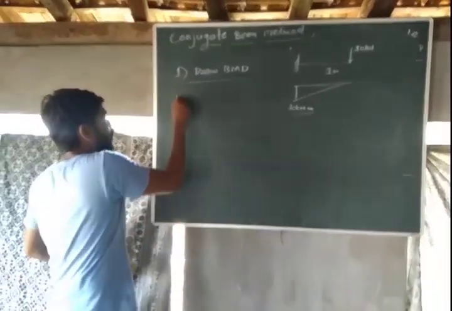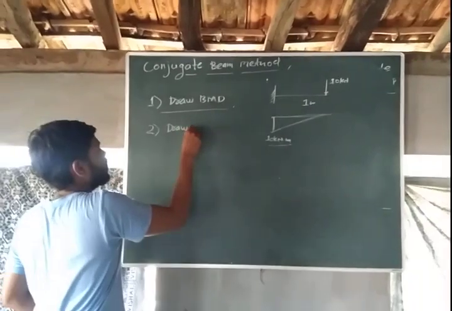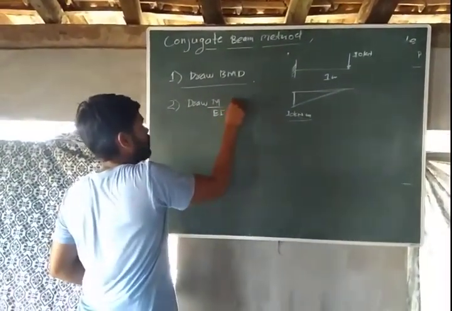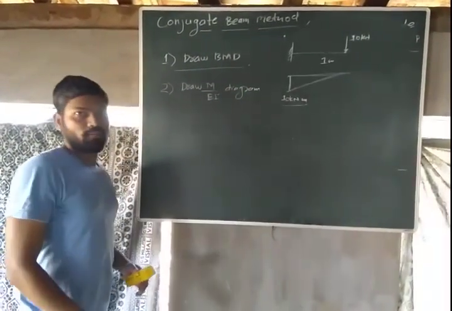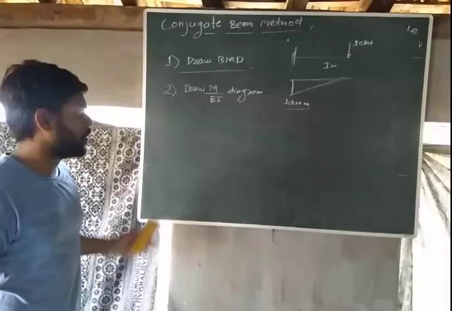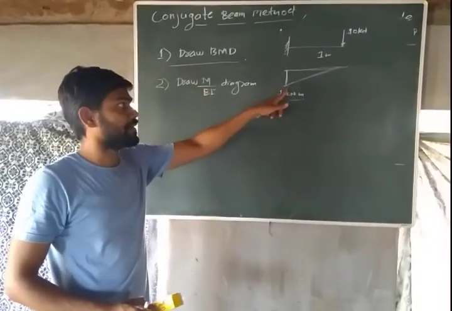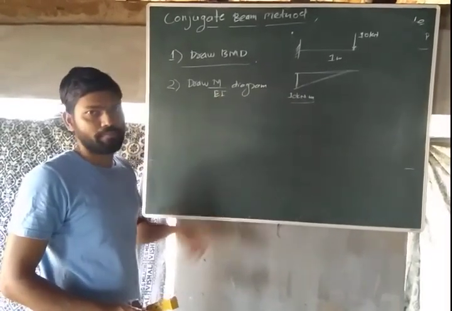The next step is to draw the M upon EI diagram. What is meant by the M upon EI diagram? It means you have to divide the coordinates of the bending moment by EI, that is, the rigidity of the beam.